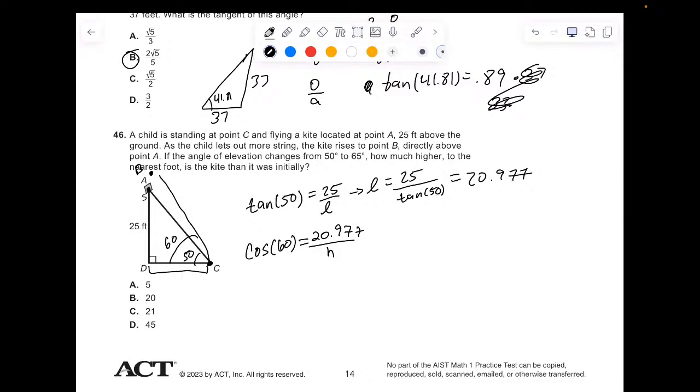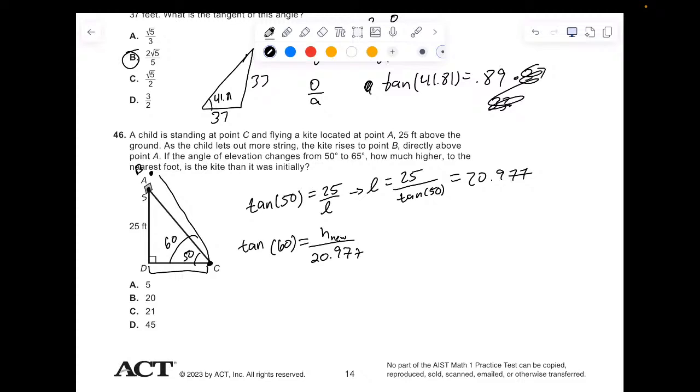Oh, we don't need the hypotenuse. We just need the new total height. So that's going to give us opposite over adjacent, which is still going to be a tangent. And this is going to be our denominator now. So some new height.